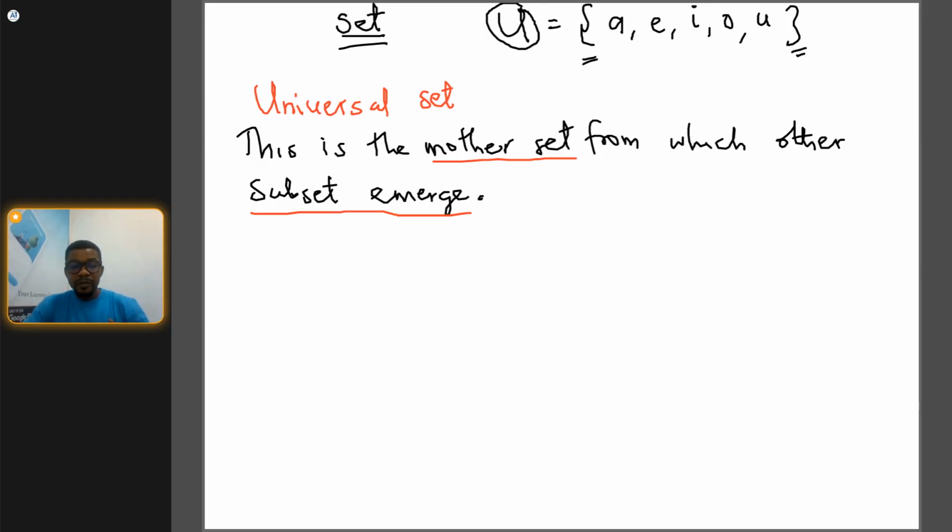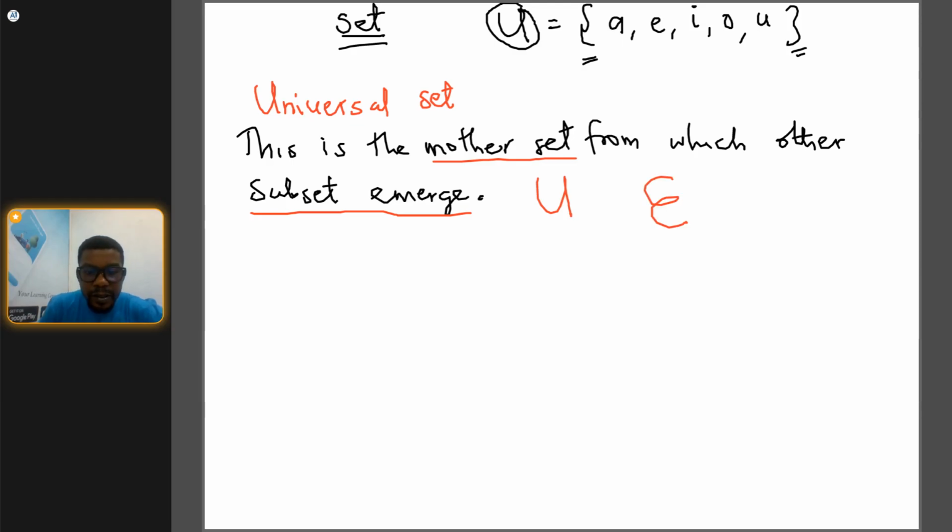So that means the universal set is the set that gives birth to other subsets. That is why it is referred to as the mother set, and it is represented by the symbol U or this symbol.